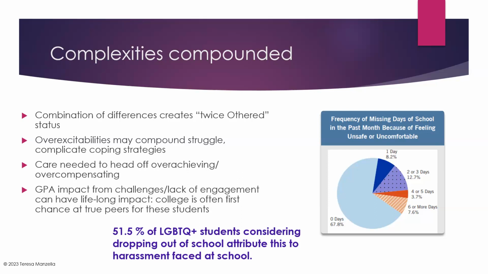And for a lot of gifted kids, they don't encounter true peers until they get to university. So having an environment in school that's difficult for them can be really problematic in terms of their future trajectory. And I don't mean to sound overly dramatic, but it's true. It's documented that the GPA can take from half to a point of a hit, depending on how much school they miss.